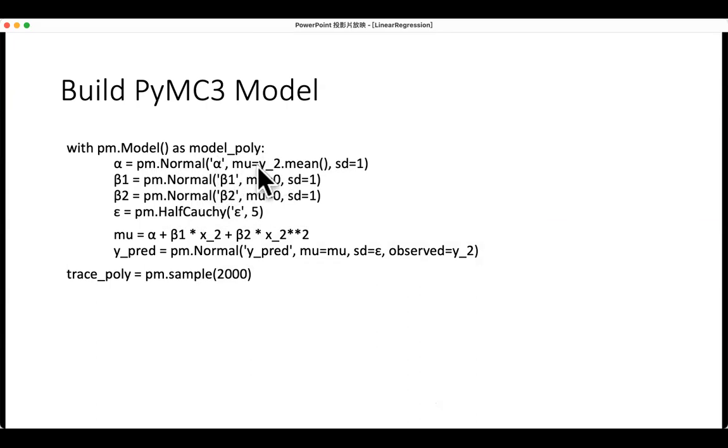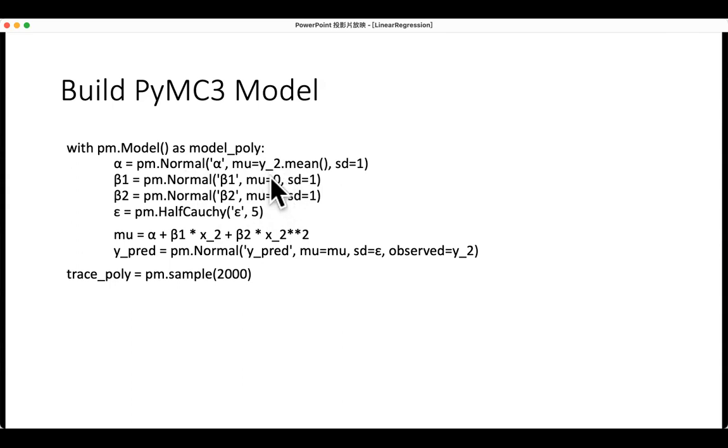Initially beta 1 and beta 2 are assumed to be close to 0, because we set them to have the highest probability to be 0.